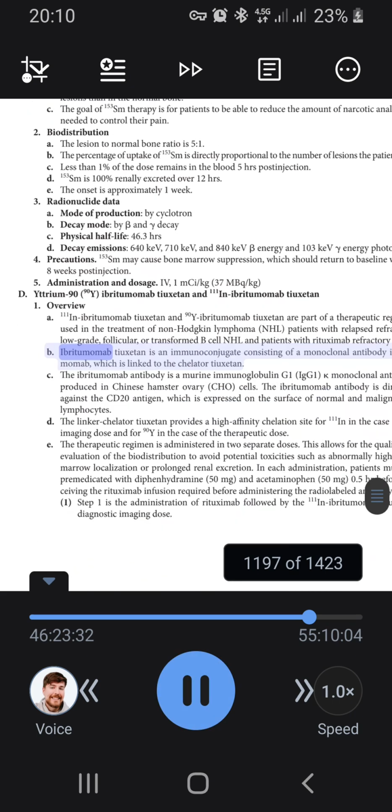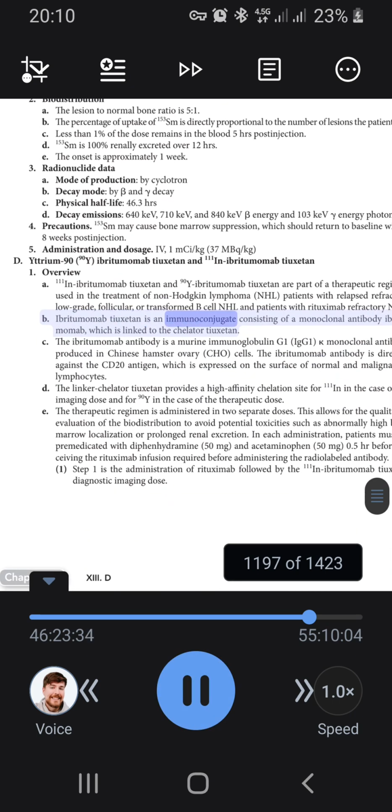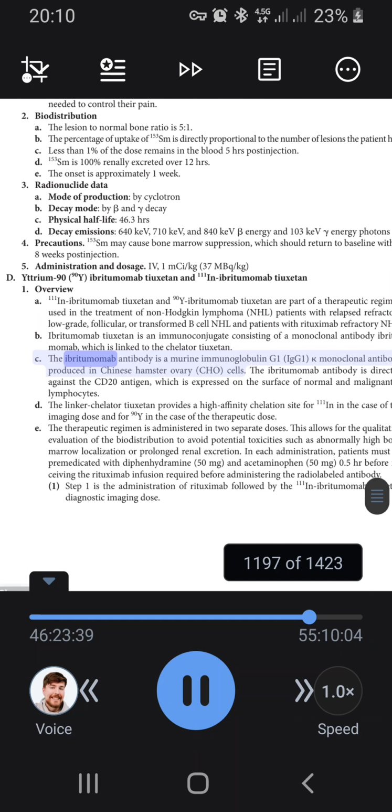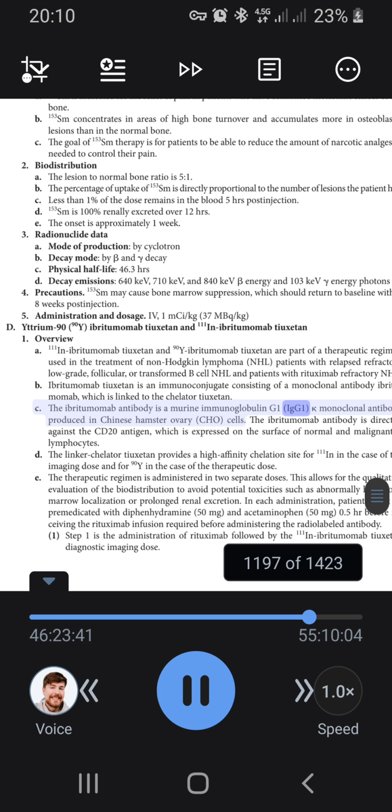B. Ibritumomab tiuxetan is an immunoconjugate consisting of a monoclonal antibody, ibritumomab, which is linked to the chelator tiuxetan. C. The ibritumomab antibody is a murine immunoglobulin G1 kappa monoclonal antibody produced in Chinese hamster ovary (CHO) cells.